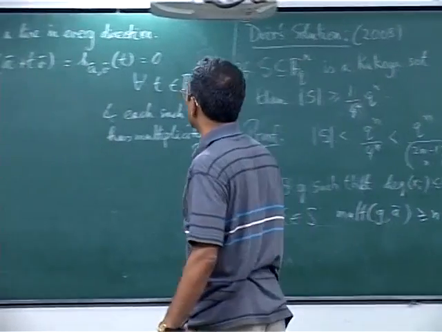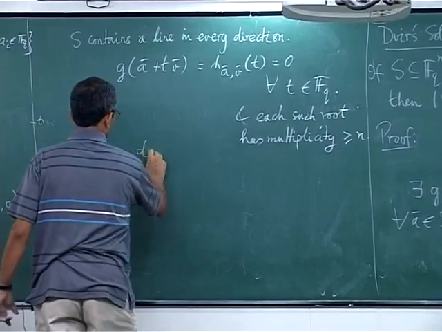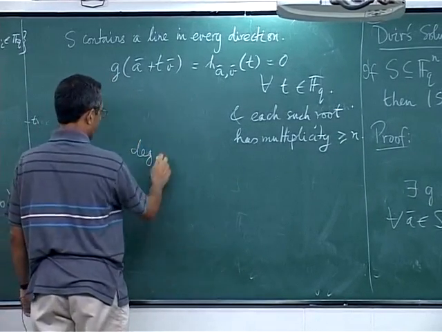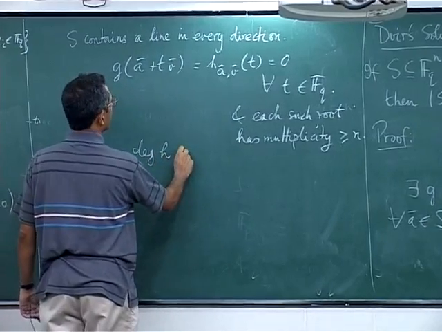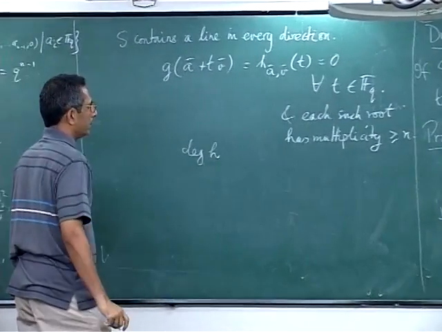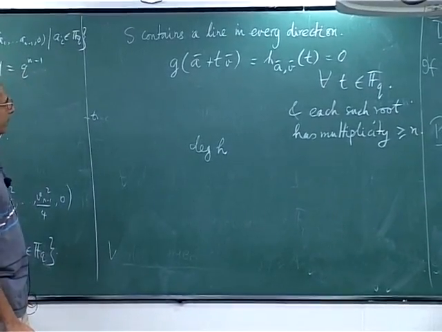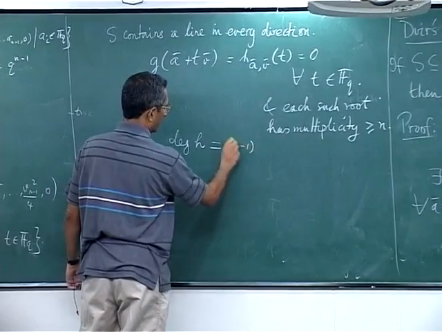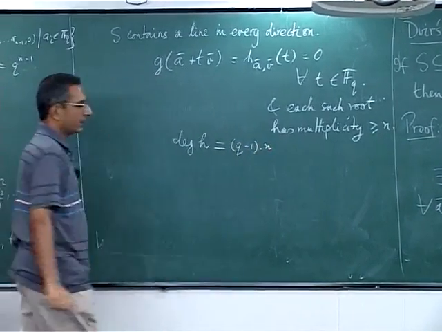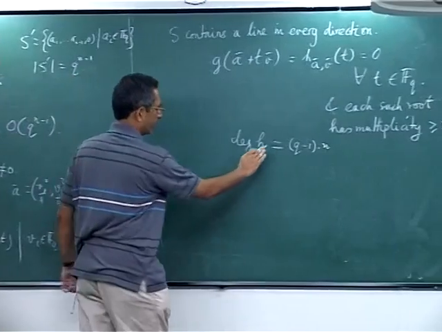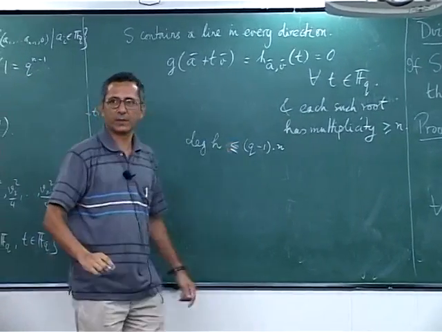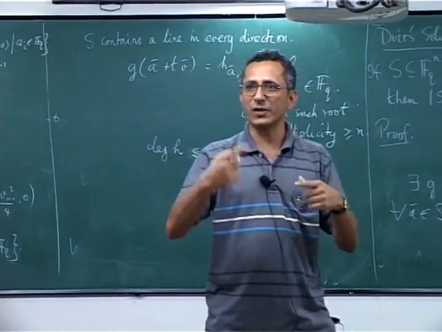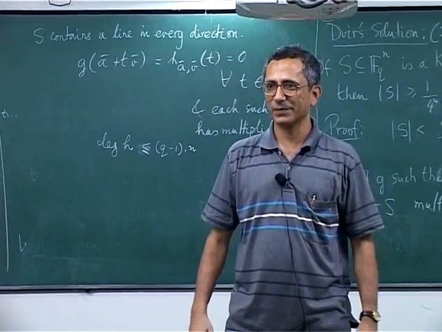What is the degree of h? The degree of h is at most q minus 1 into n, because there are n variables, and the individual degree of each of them is q minus 1.